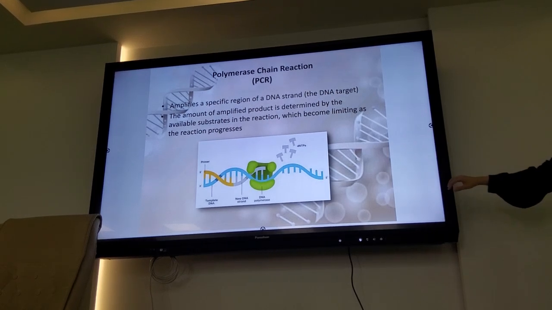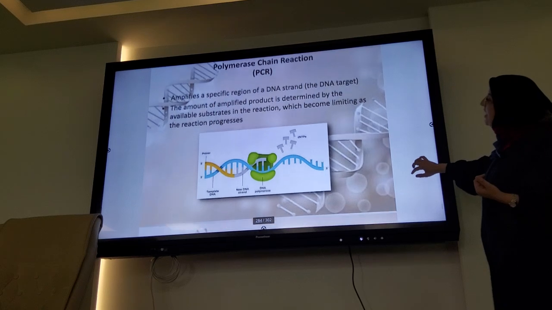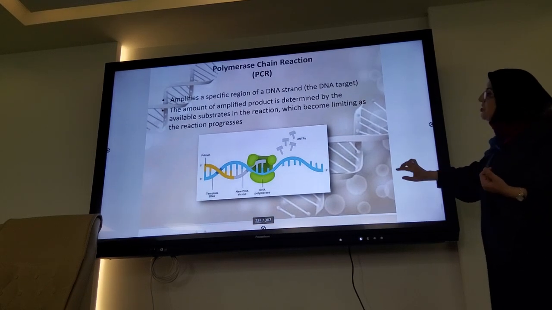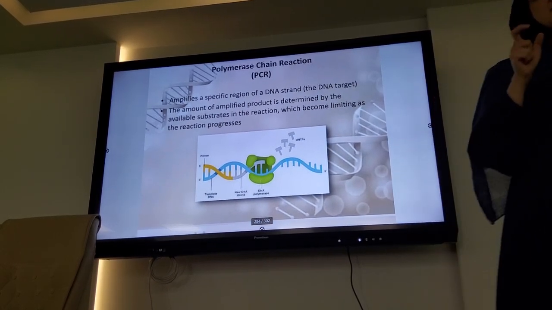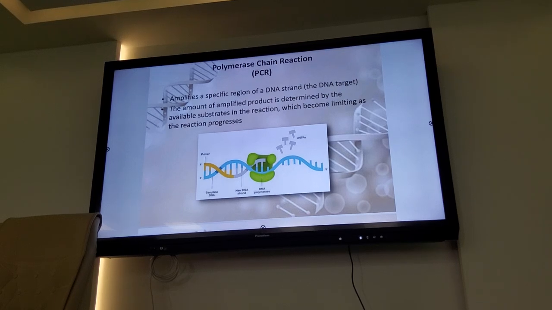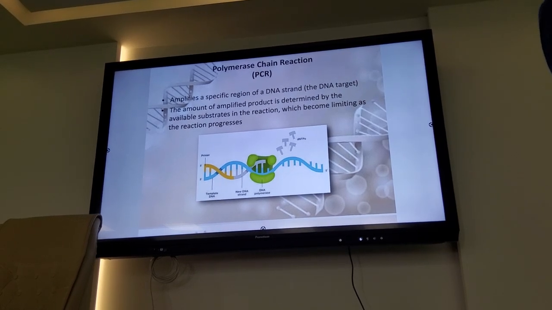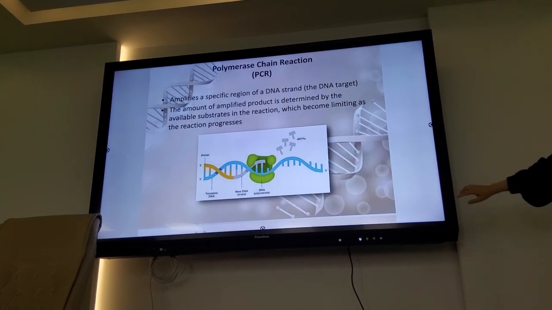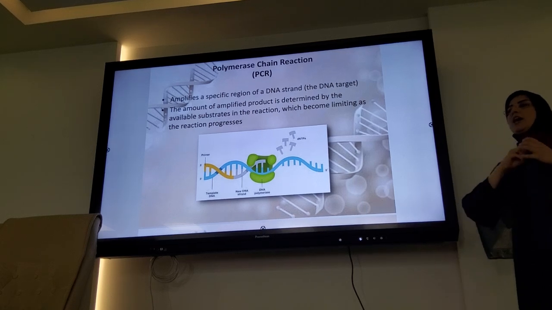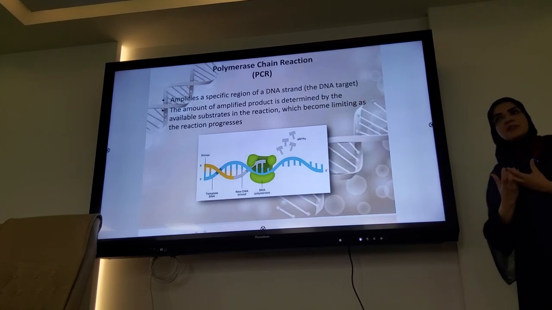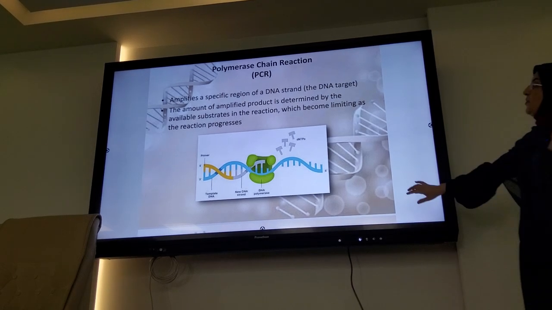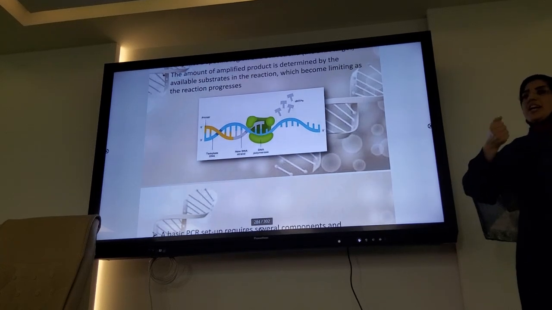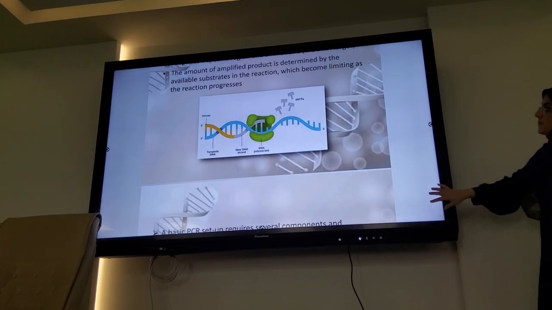We use PCR, polymerase chain reaction. In polymerase chain reaction, we know the target cell, we know the target sequence, and we amplify it. When we amplify it, then we can detect it easily.